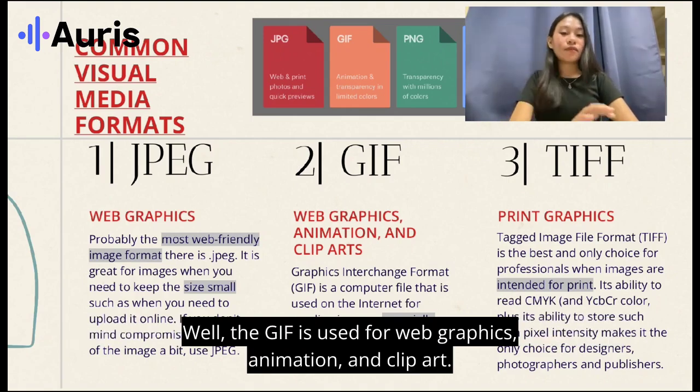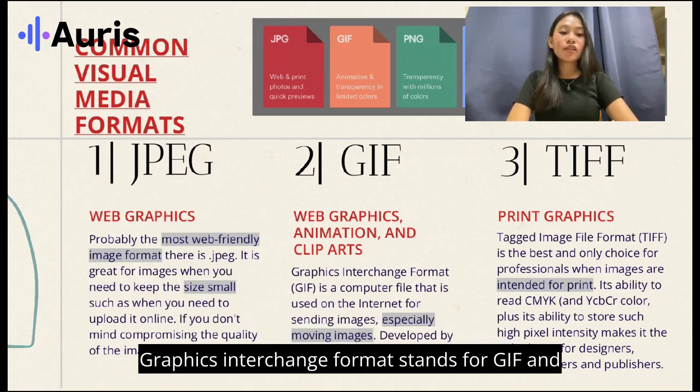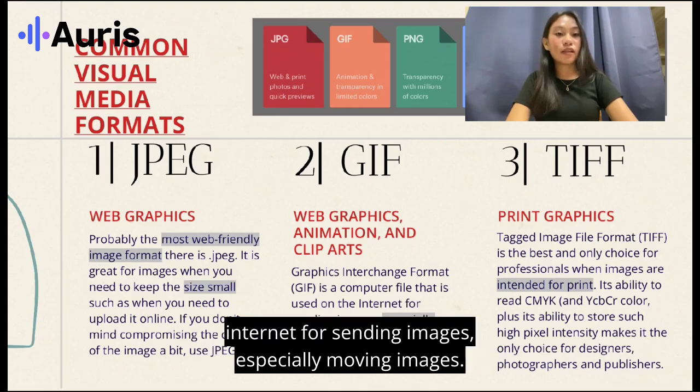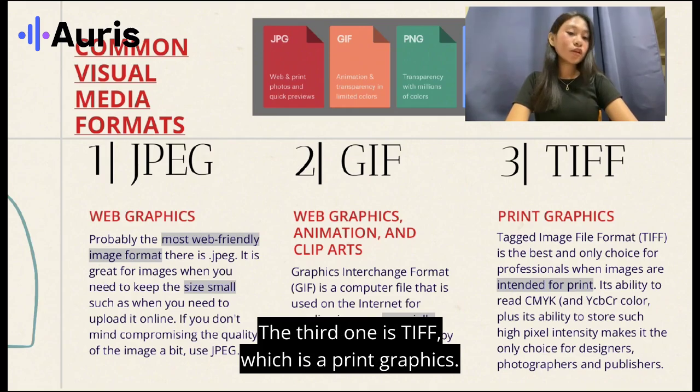While the GIF is used for web graphics, animation, and clip arts. Graphics Interchange Format stands for GIF, and a computer file that is used on the internet for sending images, especially moving images. The third one is TIFF, which is a print graphics.